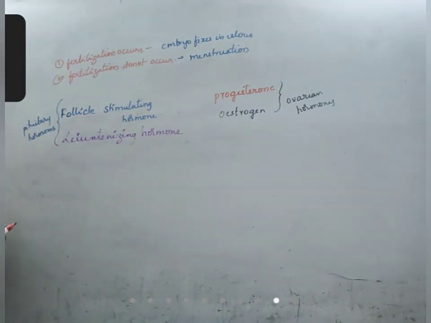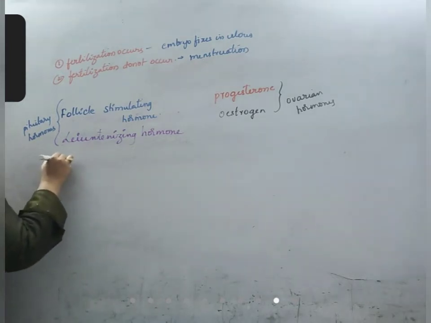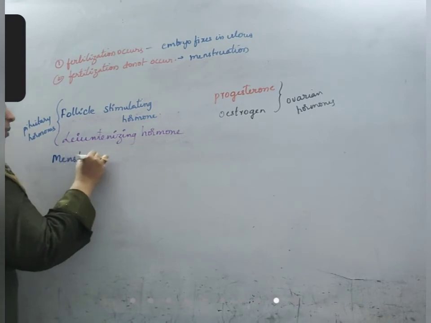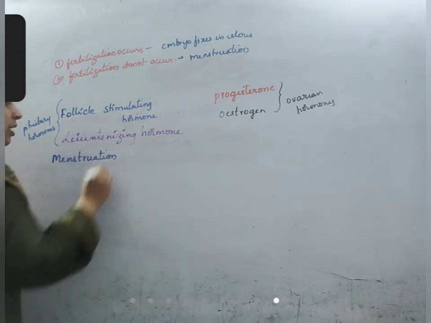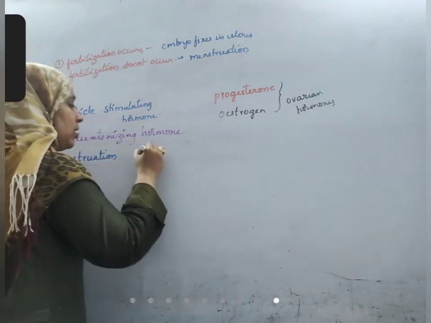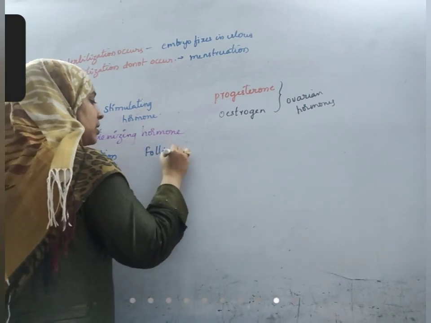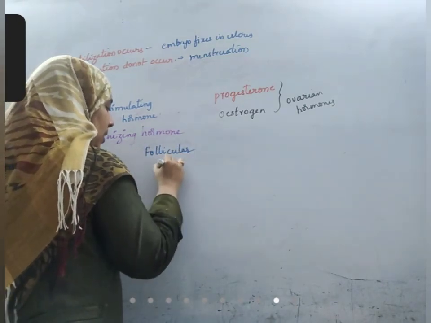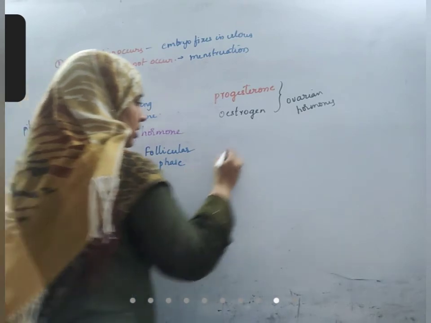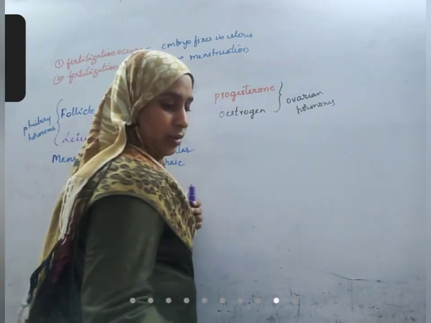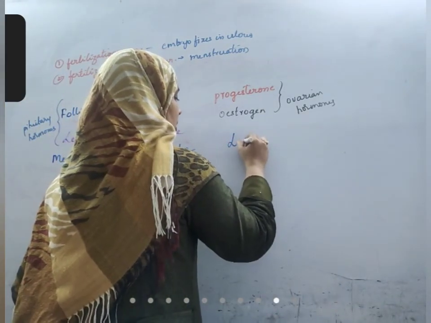So I'll write here the stages of the menstrual cycle. What are the stages? Menstruation, after menstruation, follicular phase. After that, it is what phase? Luteal phase.